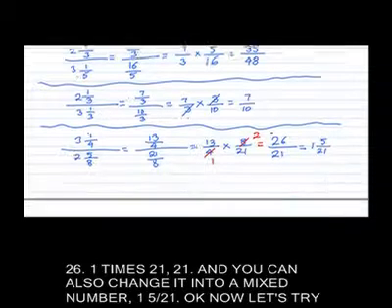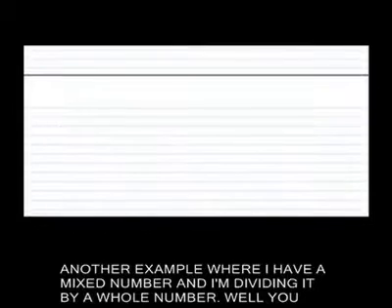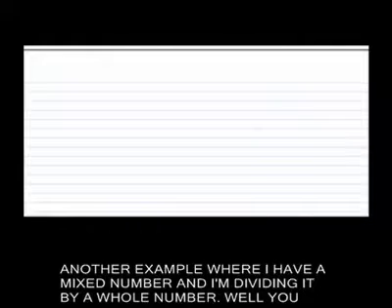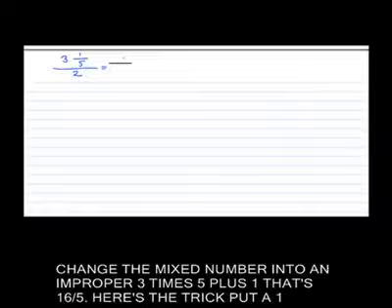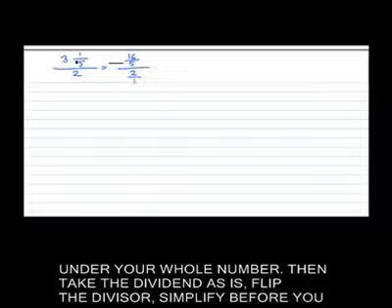Okay, now let's try another example where I have a mixed number and I'm dividing it by a whole number. Well, you change the mixed number into an improper. 3 times 5 plus 1, that's 16/5. Here's the trick. Put a 1 under your whole number.